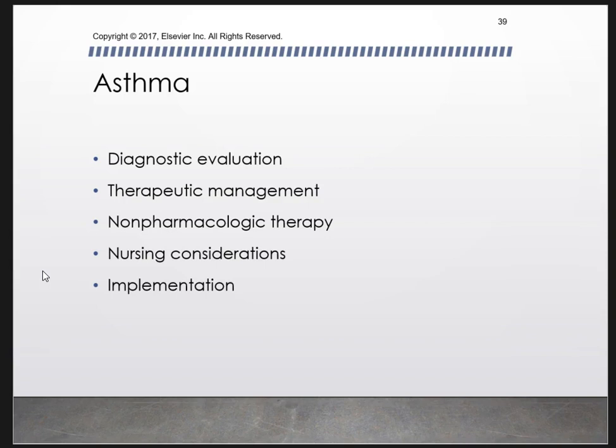So one way that we do that is non-pharm therapy. For kids with asthma, that's things like allergen control. Depending upon their particular triggers, is it pets, is it dander, is it dust, is it pollen? Really figuring out each individualized child's allergen triggers is important.